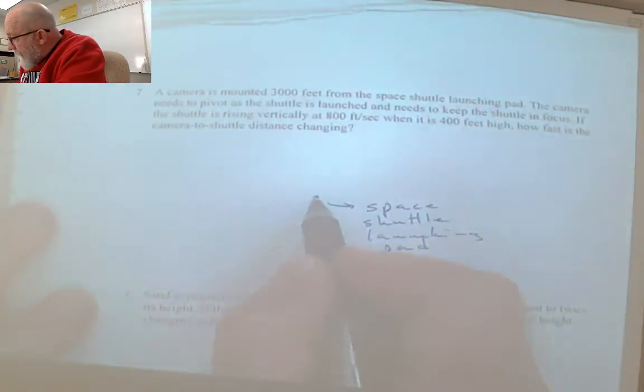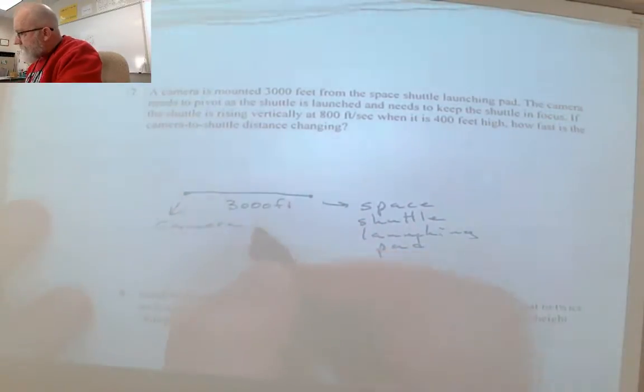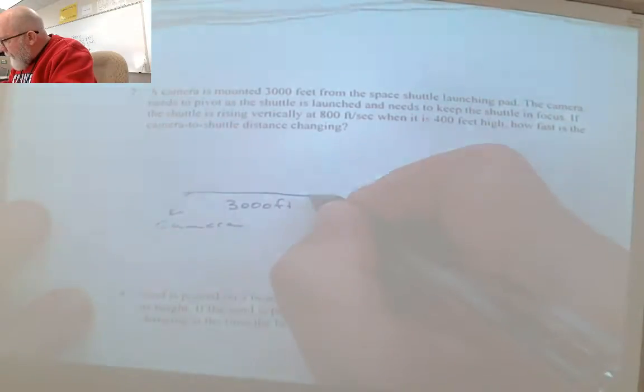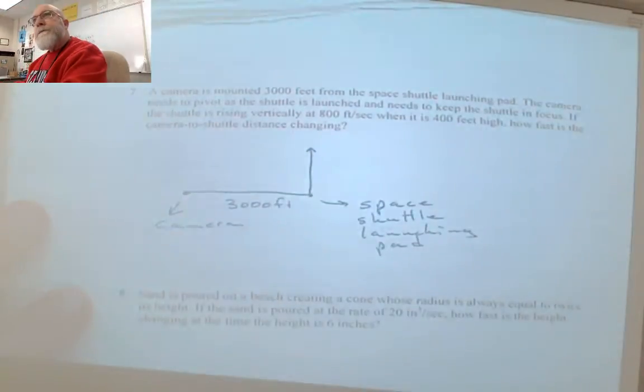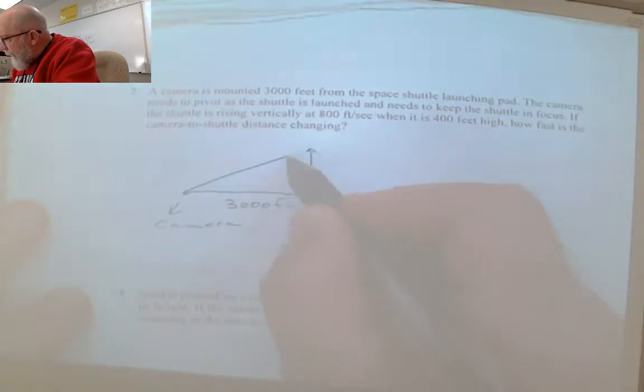So I'm 3,000 feet away, and right here is a camera. Right here, the shuttle is going to be going up. And right here, the camera is going to be focused on this.